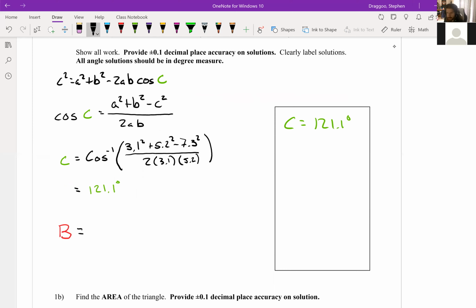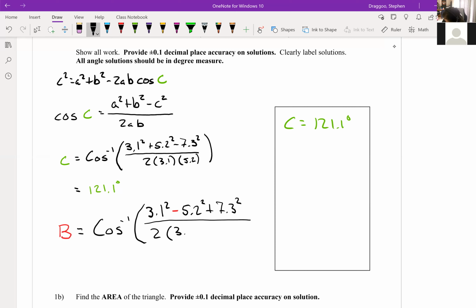Using basically the same operation that I just had in my calculator, but changing a couple of pieces, I could say that b is the arc cosine of 3.1 squared minus 5.2 squared plus 7.3 squared, all of that over 2 times 3.1 times 7.3.